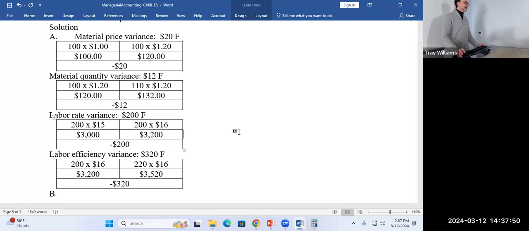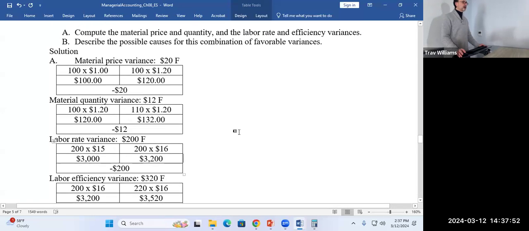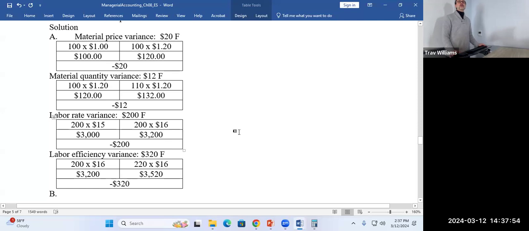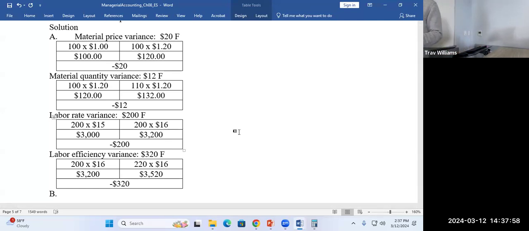That's good. Now we have to think about what could cause that. What could cause the price that we pay for our materials to be lower than the standard? We used less material than the standard. We paid a lower rate to our workers than the standard, and they used less time than the standard.